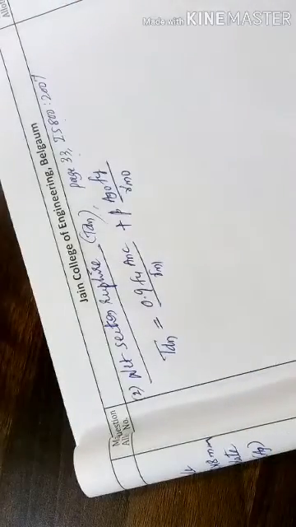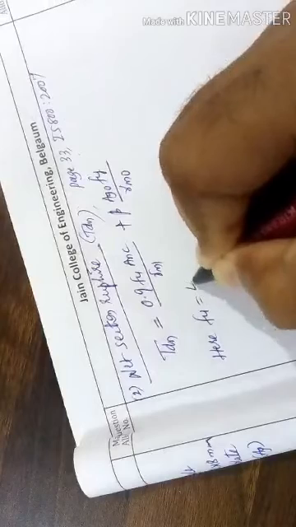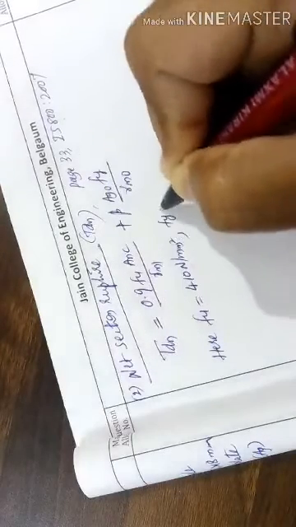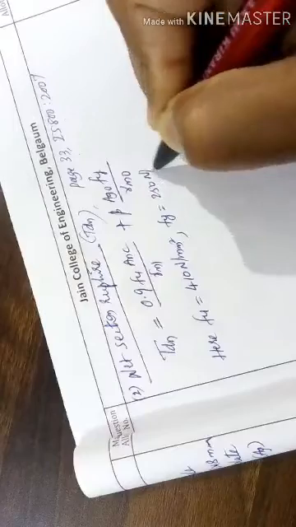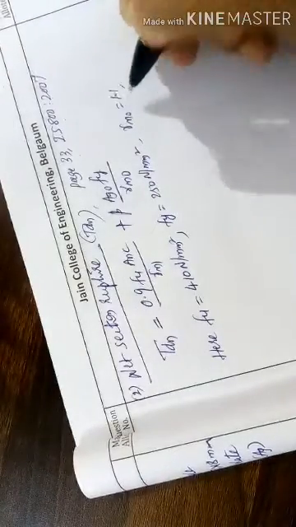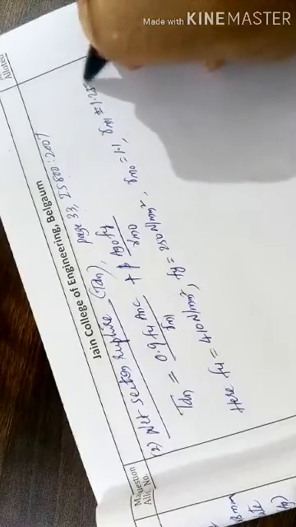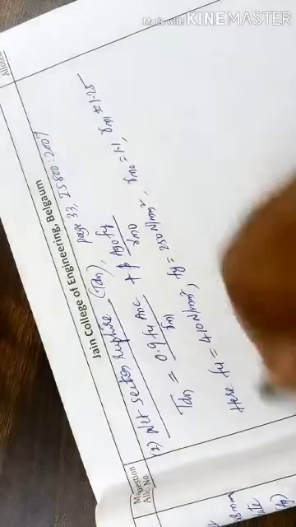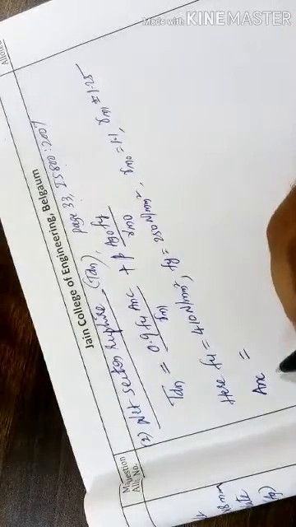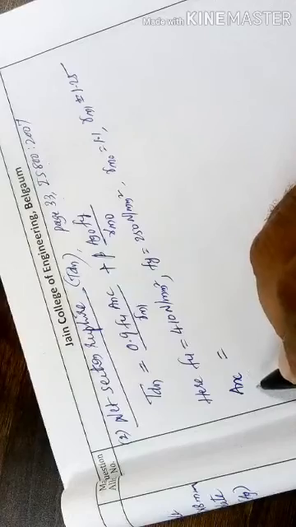Here Fu will be 410 Newton per millimeter square for a plate, Fy is 250 Newton per millimeter square, gamma MO will be 1.1, then gamma ML will be 1.25, and Anc will be the net connected leg area.